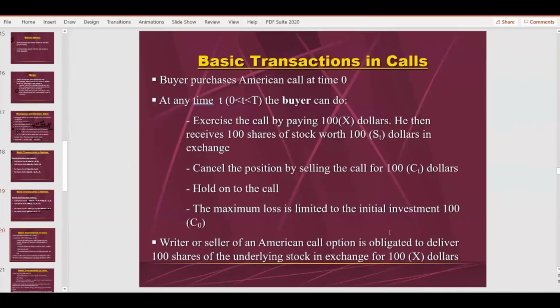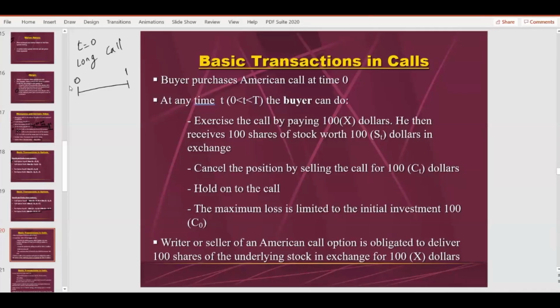Now for the main transactions and options, I will start with call options. So let's say that an investor buys an option at time t equals 0. So at time t equals 0, we take a long position in an American call. Now, at any point in time between time t equals 0 and capital T, which is the expiry date, the investor can do one of the following.